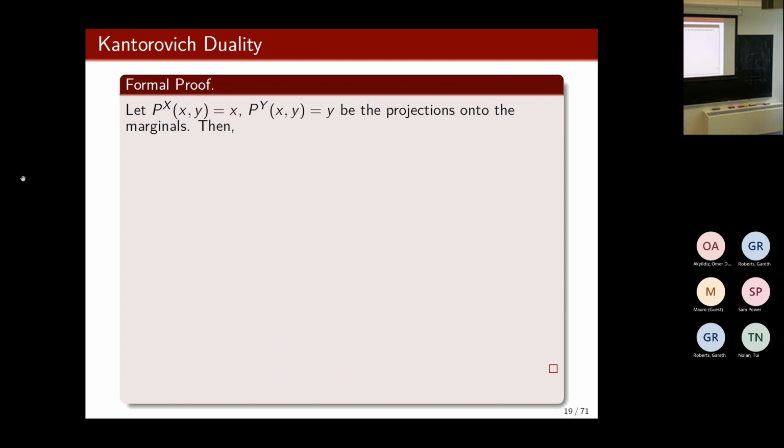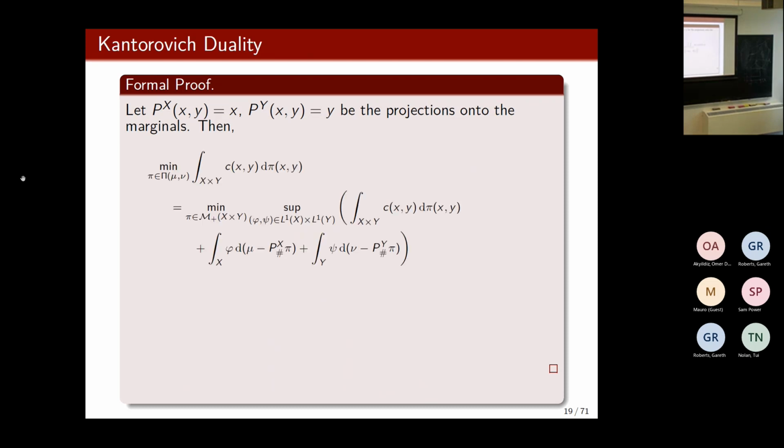Okay, so you can see where this proof comes from analytically. Let P of X be the projection onto the first marginal, so Px of (x,y) is equal to x, and Py of (x,y) is equal to y, the projection onto the second marginal. Then we can write this constrained optimization problem: we're taking the minimum of the integral of c of xy d pi of xy over all pi's with the right marginals.